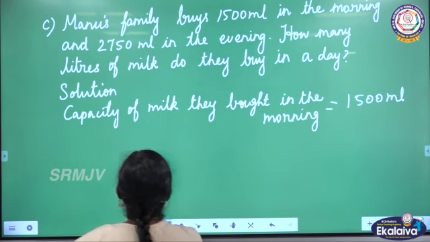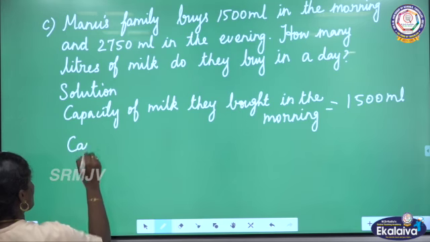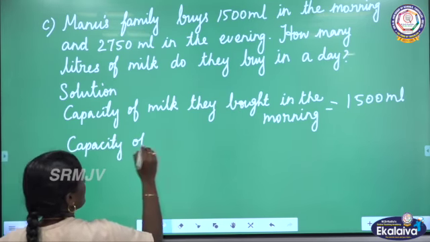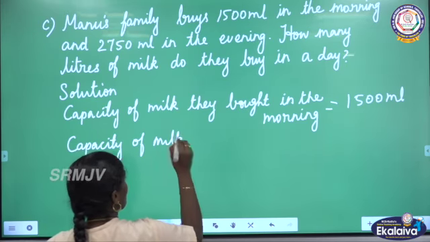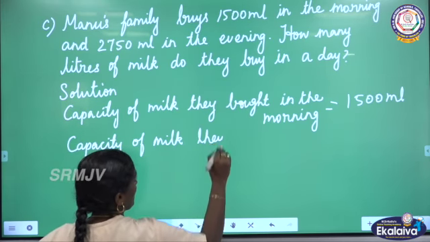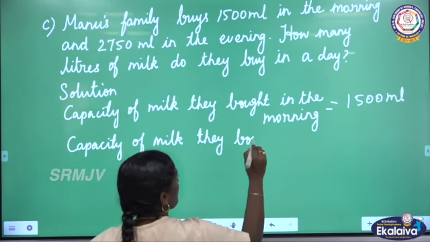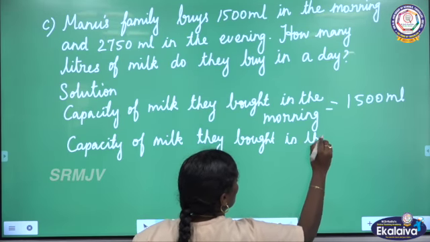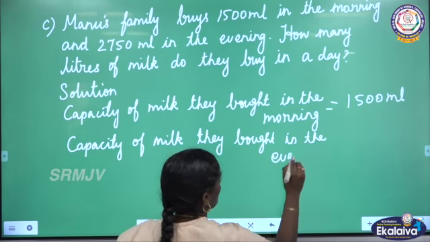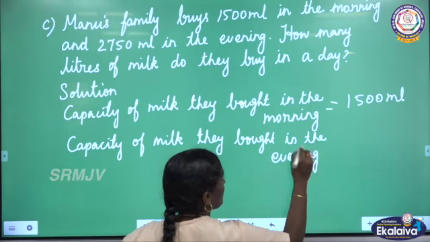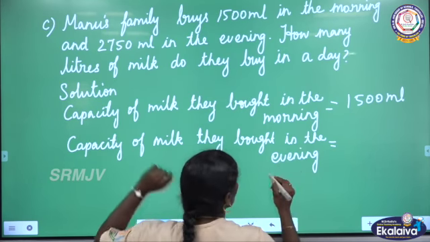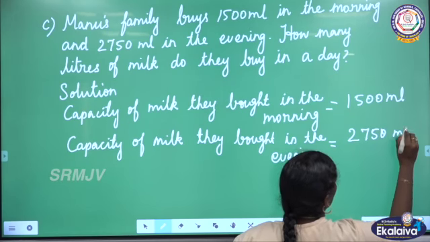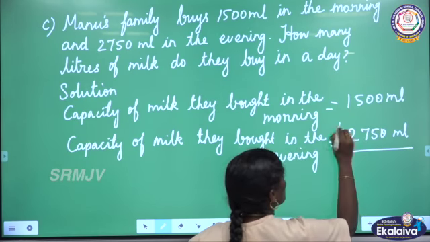Okay, now capacity of milk they bought in the evening is equal to 2750 milliliter. Now we have to add these two.